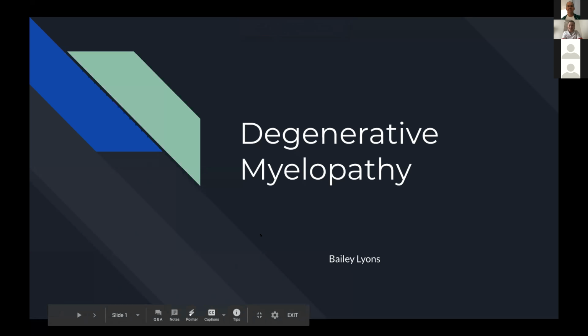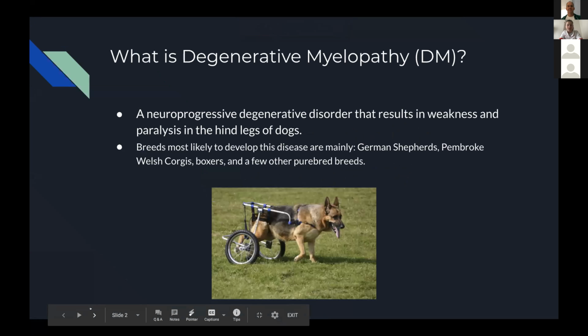Okay, so today I'm talking about degenerative myelopathy. What is degenerative myelopathy? It's easier to say DM, so I'm going to say DM. Degenerative myelopathy, or DM, is a neuroprogressive disorder.